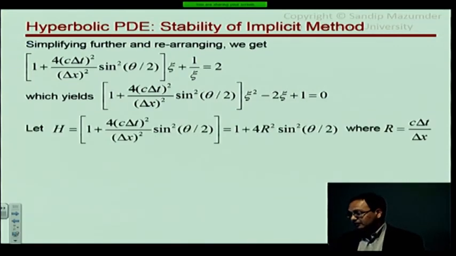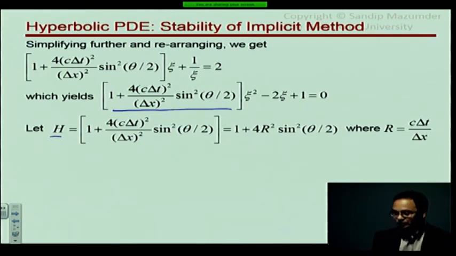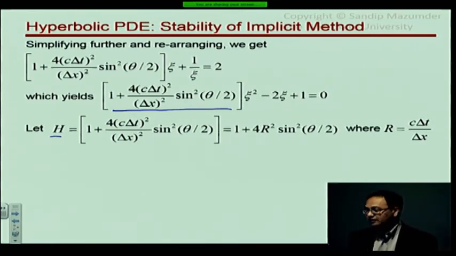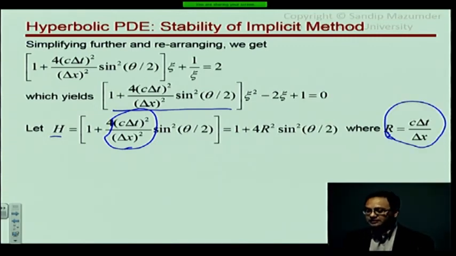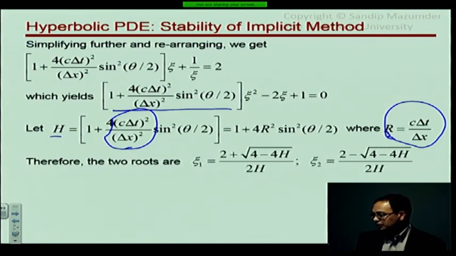Again, this guy we are going to call h, so as not to confuse with the g that we used earlier. I don't want to use g for both places. They're slightly different expressions. And of course this ratio shows up again, and that's our r, c delta t over delta x, showing up there. So 4r squared sine squared theta over 2. The two roots are that, slightly different from last time.